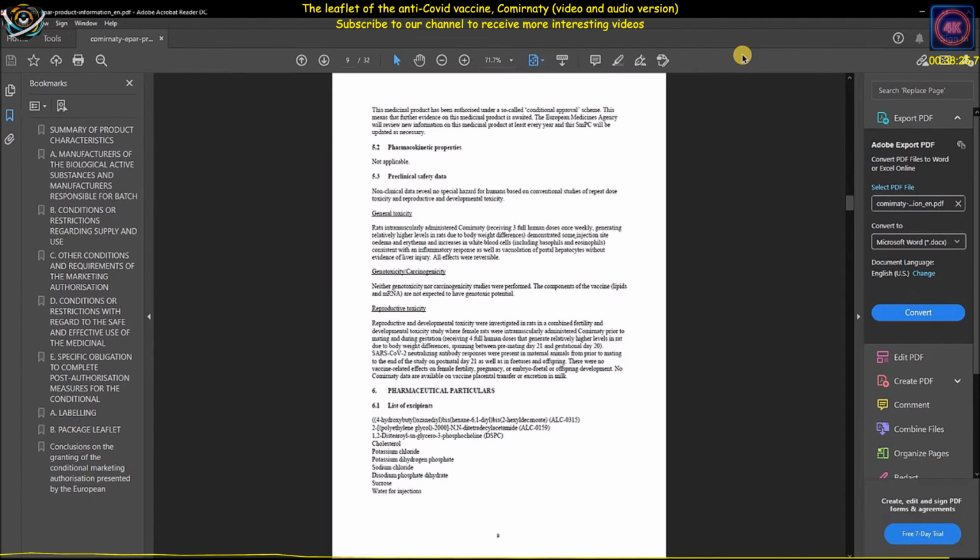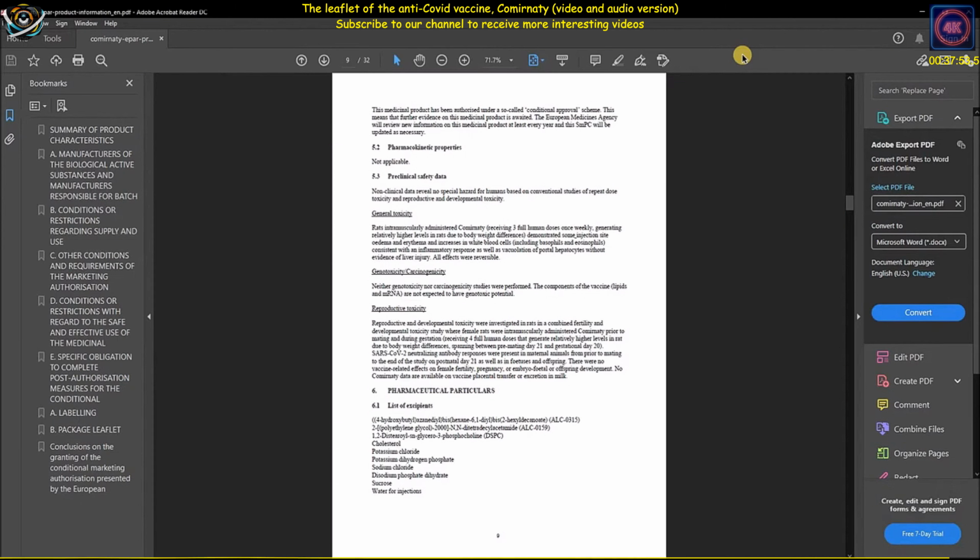6 Pharmaceutical particulars. 6.1 List of excipients. 4-hydroxybutyl, azanediyl, bis, hexane-6,1-diyl, bis, 2-hexyldecanoate, ALC-0315. 2-polyethylene glycol-2000-N,N-ditetradecylacetamide, ALC-0159. 1,2-distearoyl-sn-glycero-3-phosphocholine, DSPC.